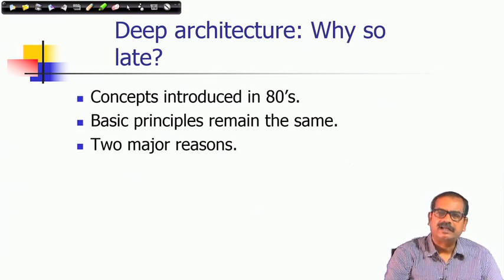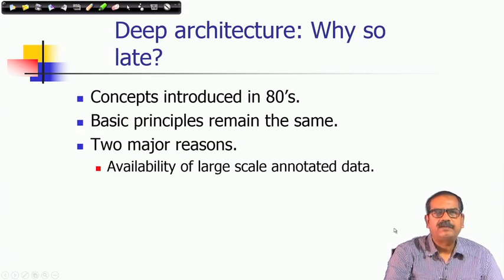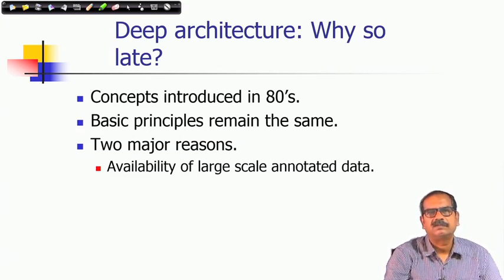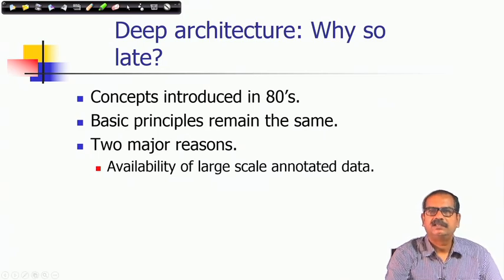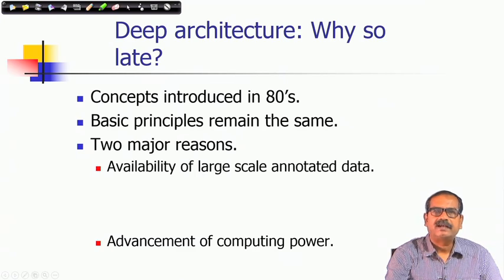So, it is a new technological advancement because we have the capacity of generating large scale annotated data, and because of the availability of the data, you can train large networks to develop any kind of model which can work in a very general way, to solve general and difficult problems. And then the advancement of computing power, because this training also requires high computation and it has to be done within a feasible time.